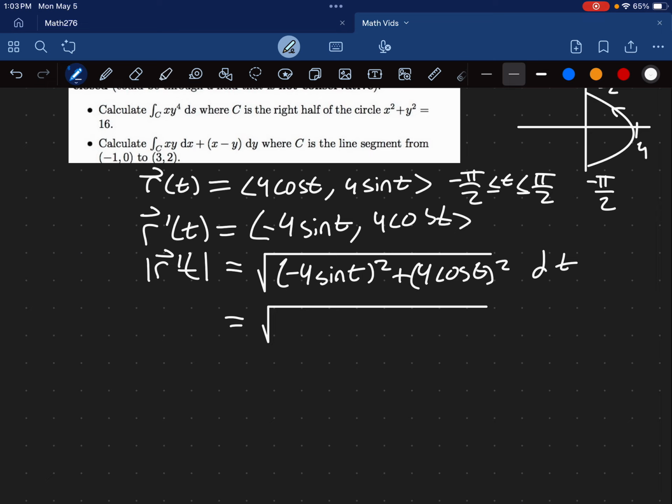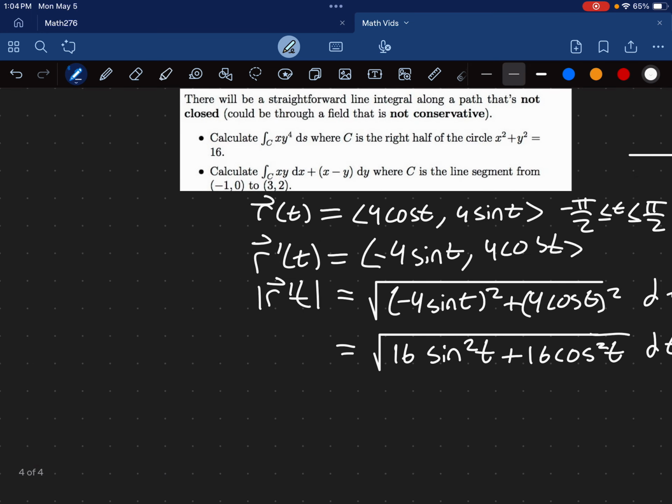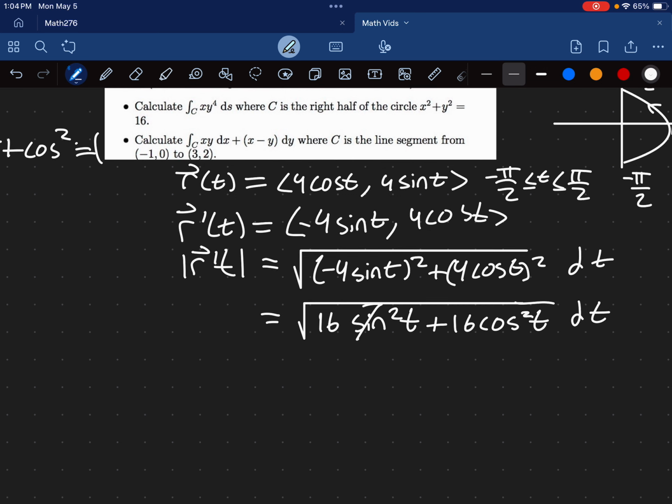The square gets rid of the negative, so it's positive 16 sine squared t plus 16 cosine squared t dt. And one thing to note is sine squared plus cosine squared is always equal to 1. So this is equal to square root 16, which is equal to 4 dt.